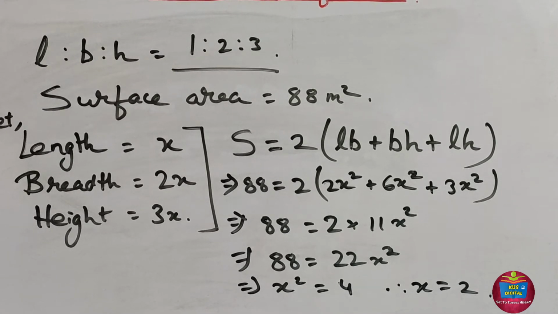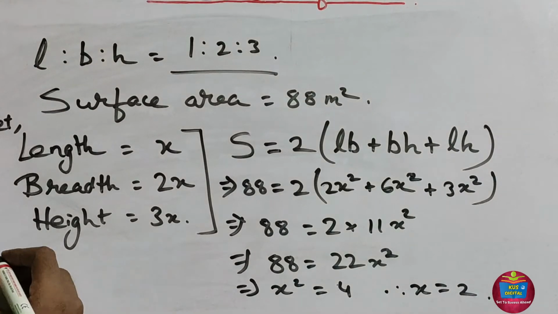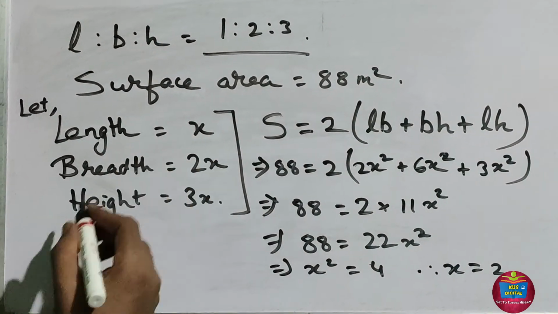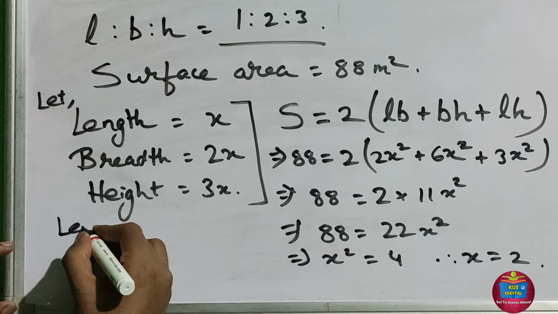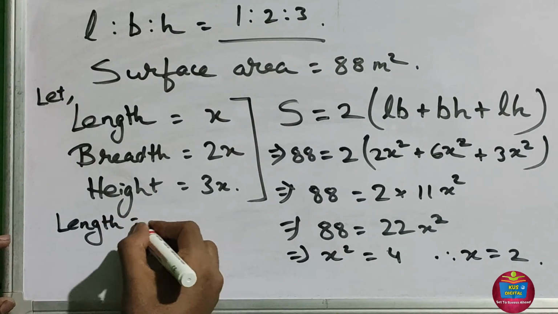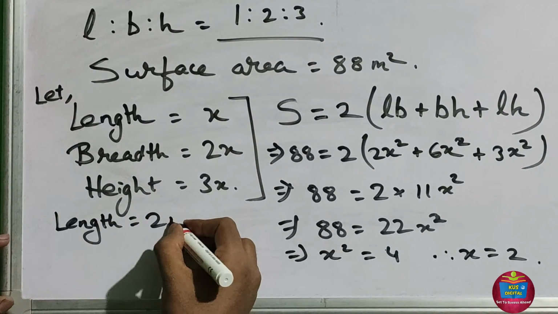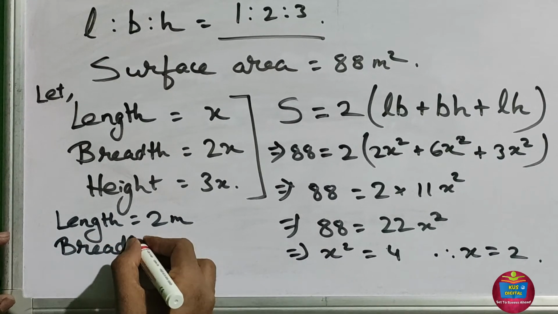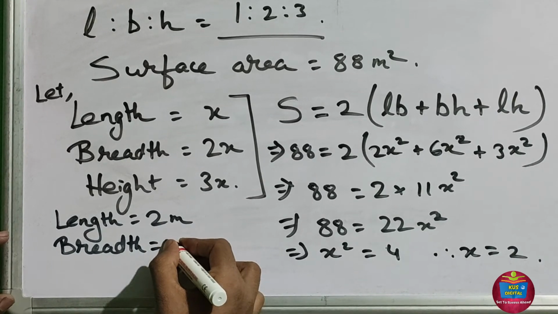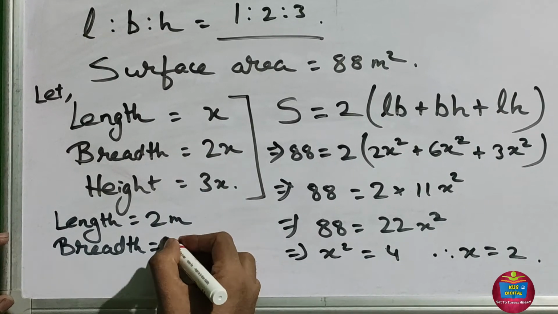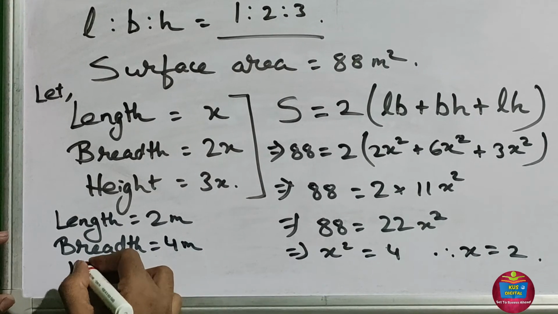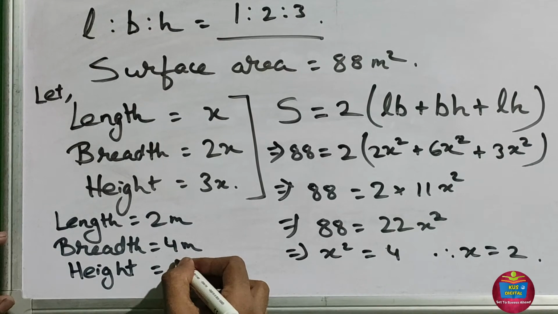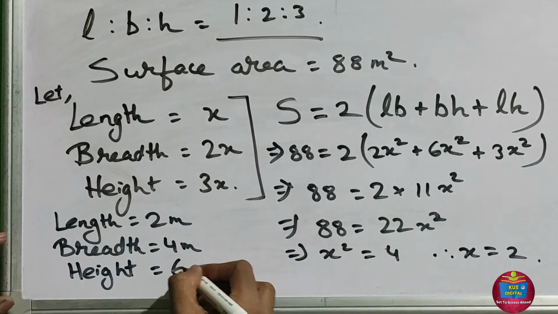Now as we get x equals to 2, we can easily find out length, breadth and height. So length is x, that means length equals to 2 meter, breadth equals to 2x, that means 4 meter, and our height equals to 3x, that means 3 into 2, that is 6 meter.